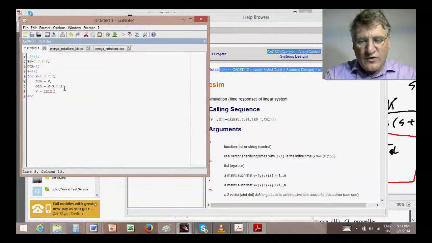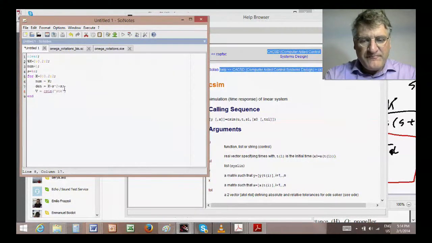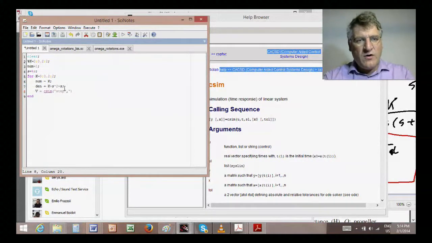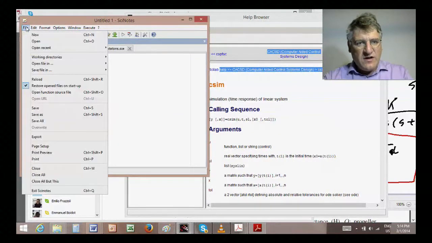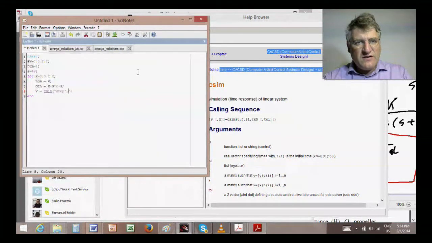Oh no, we're going to compute the step. Okay, step, comma. Oh, I know where this thing is. We have seen it earlier.